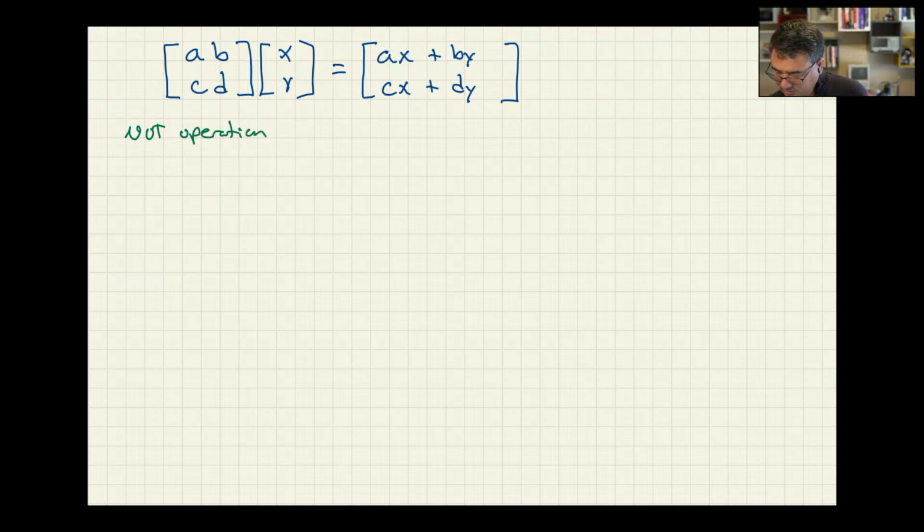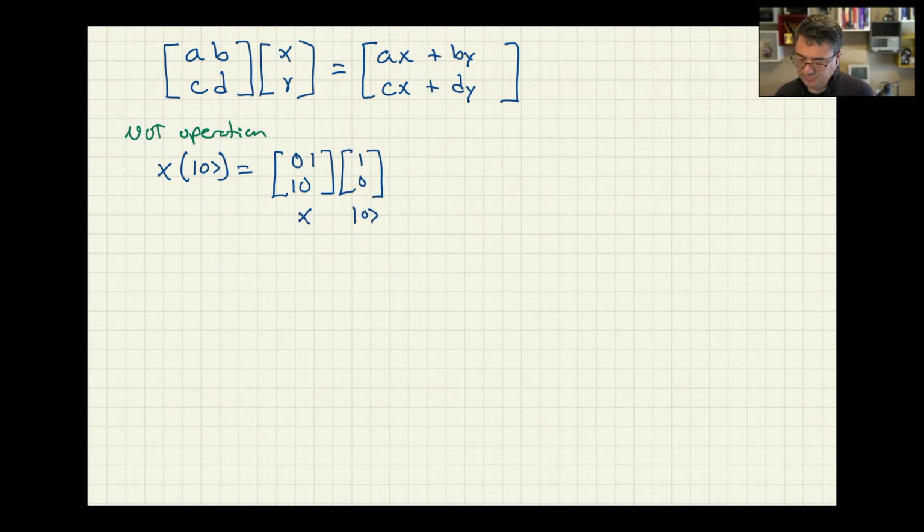Okay, so we got our not operation. We got x of the 0 qubit is equal to 0, 1, 1, 0, and then 1, 0. So this is x, and this is the 0 qubit. And then we'll just multiply. 0 times 1 plus 1 times 0 is the top, and then 1 times 1 plus 0 times 0 is the bottom.